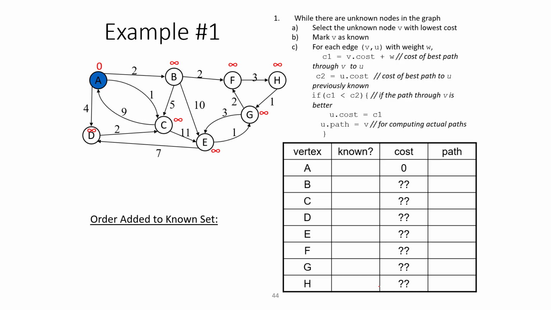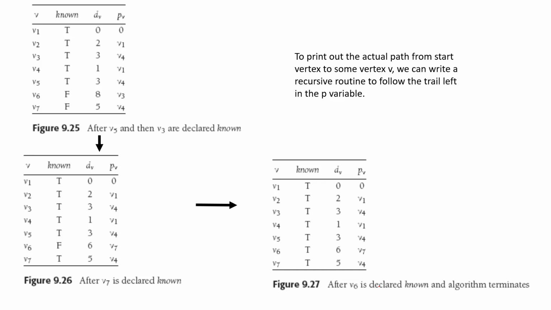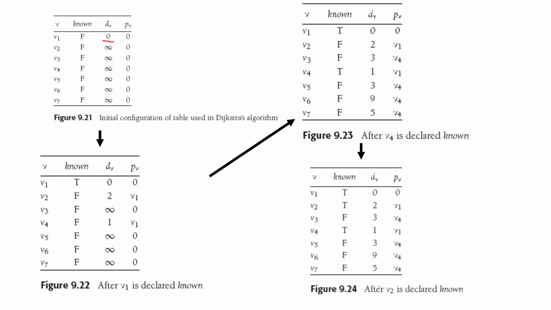So here is one running example, and the same thing is shown here in a diagram, phase by phase. Initially we had V1 with 0, then after that we could reach V2 and V4.